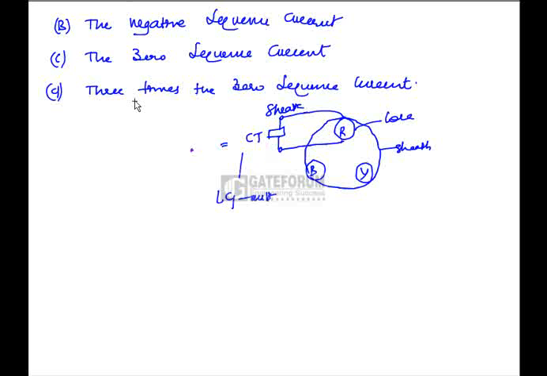You can take it as approximately equal to 0 ohm. So it is treated as an LG fault. Now what is the LG fault current? IF is equal to 3 times IR naught. So this is option D, 3 times the zero sequence current the current transformer will measure. So option D is correct.